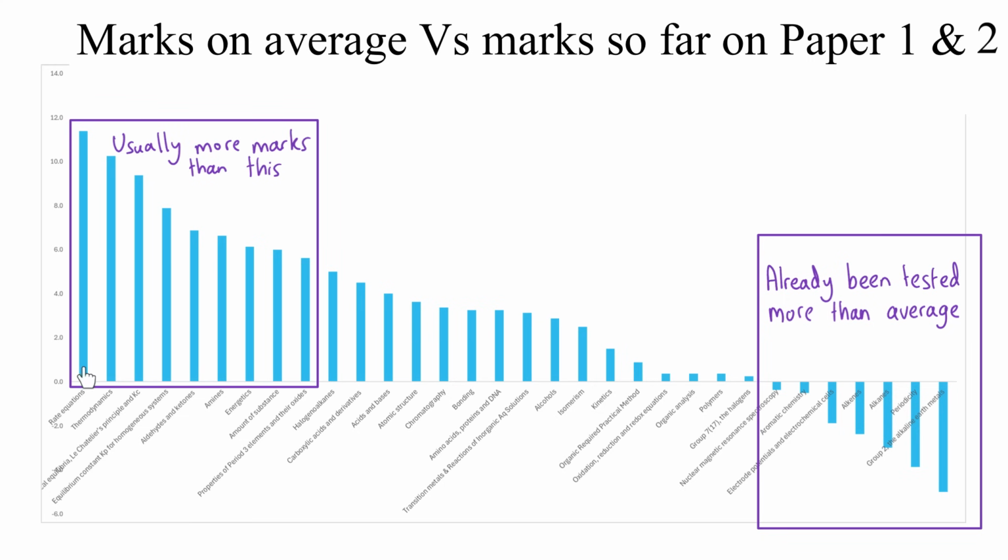And on the left-hand side, you'll find the topics that have been under-assessed so far and are therefore more likely to come up on paper 3 this year. And when we look at these topics, we see the rate equation, thermodynamics, equilibrium constant Kc, equilibrium constant Kp, aldehydes and ketones, amines, and energetics.